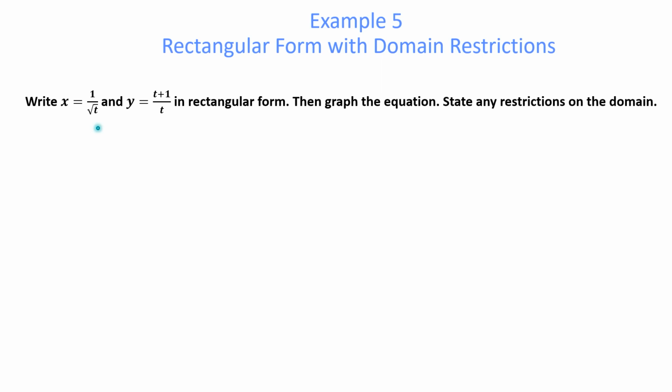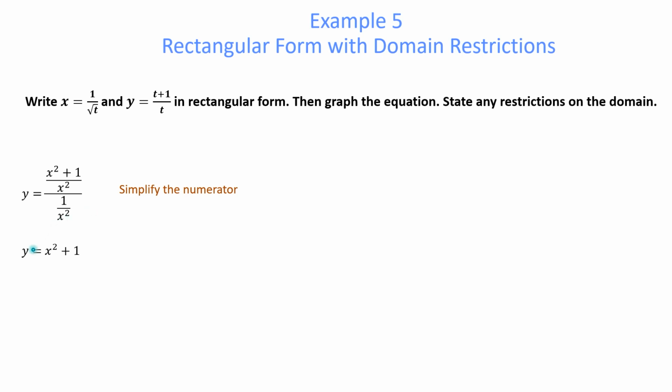This value of t will be substituted in the equation for y. So we get y equals 1 upon x square plus 1 upon x square divided by 1 upon x square. Now we simplify the numerator. So we get y equals x square plus 1 as the numerator, and the denominator x square will get cancelled.